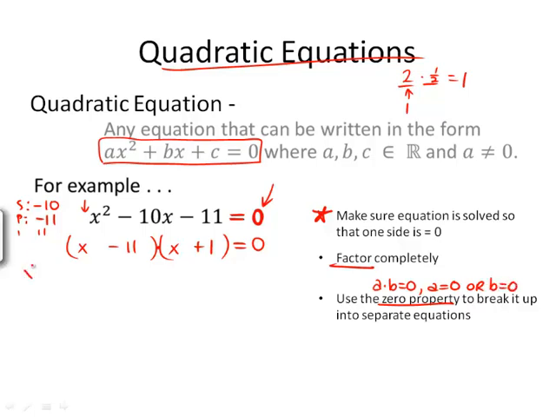So either x minus 11 would equal 0 or x plus 1 would equal 0. This will give us two possibilities, and that's better than an infinite number of possibilities. At least we're narrowing it down to possible numbers, and we can always check them back into the equation and see if they work.